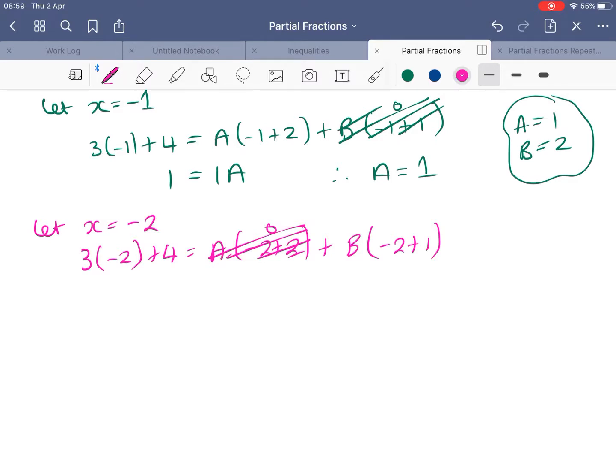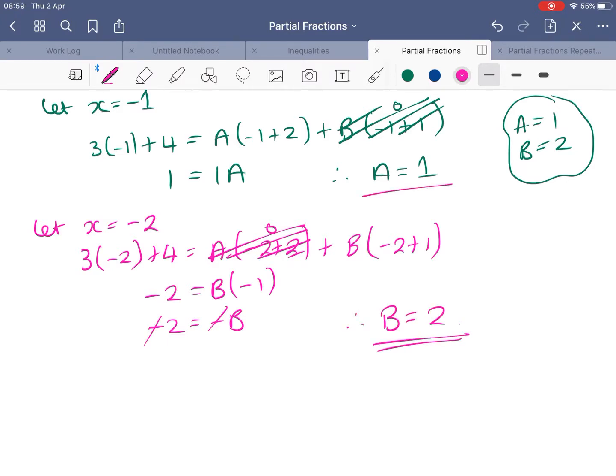And now I'm left with the equation just in b. So 3 lots of -2 is -6 plus 4 gives me -2, which is equal to b times, well, -2 add 1 is -1. So effectively we've got -2 equals -b, multiply through by -1, and therefore b is equal to 2. And as you can see, I've got exactly the same answer.